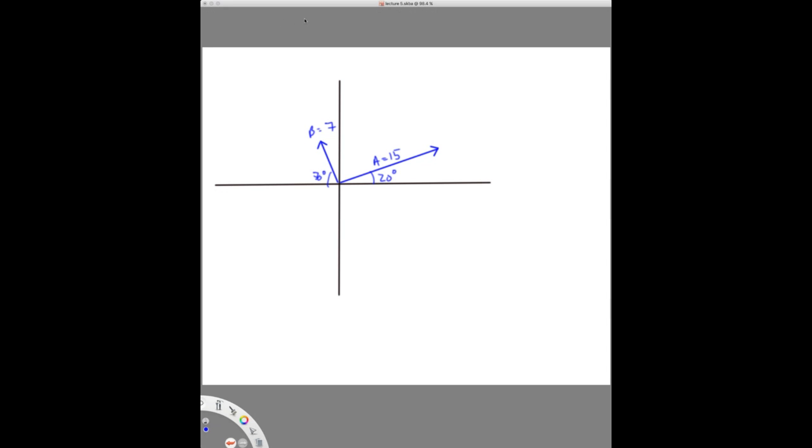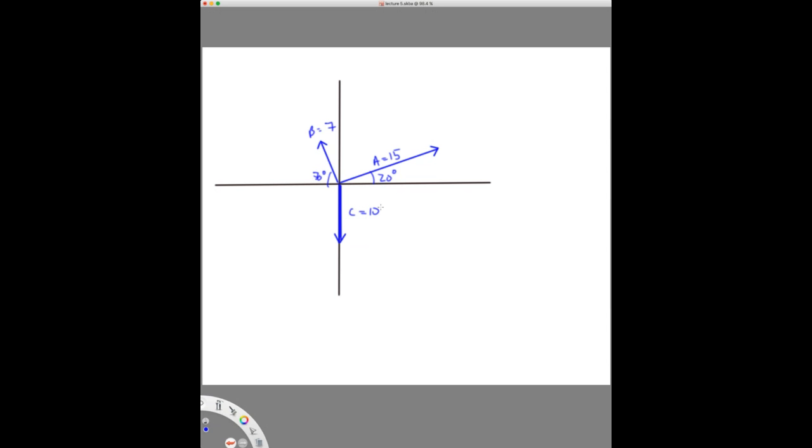And then a vector C, this one a little thicker so that we can see it a little better. C equals 10 units, and it points down the negative y-axis.